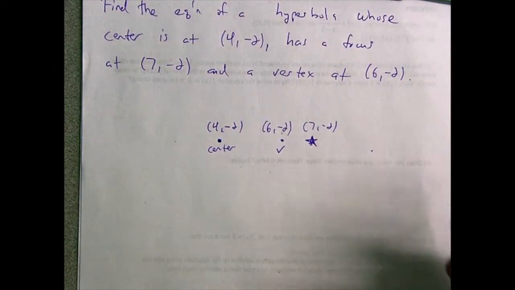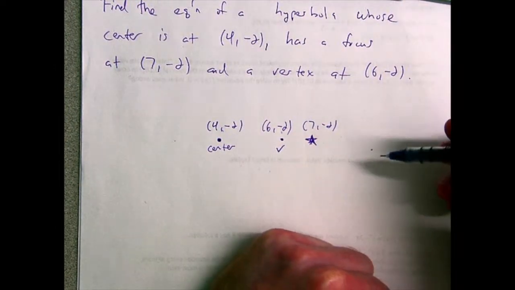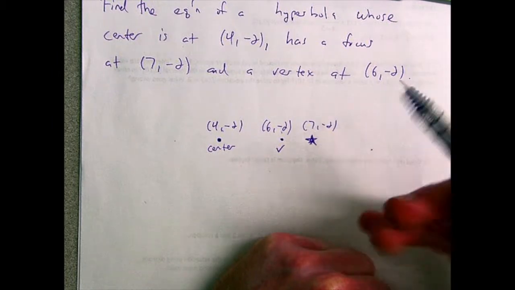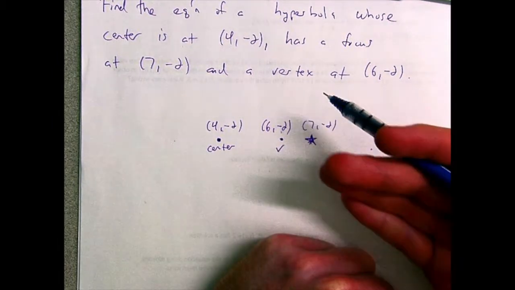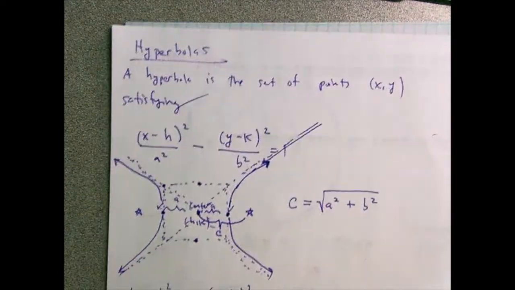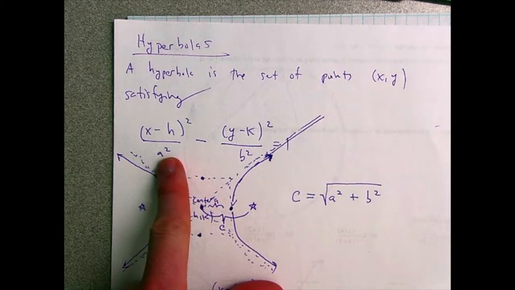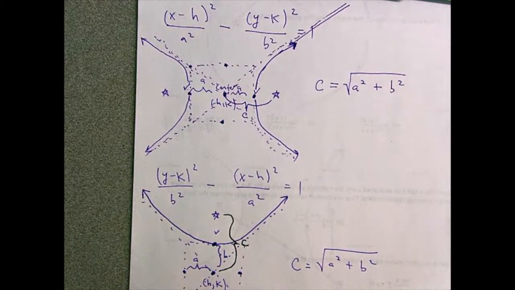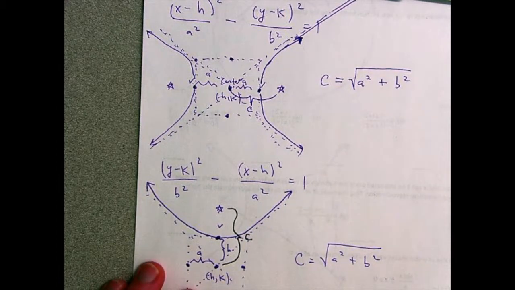Okay, so what can we get from this? First of all, you should decide which form your hyperbola is going to be in. Remember, we have two equations: this one where the x term comes first, and the second one where the y term comes first. Which one is our hyperbola going to satisfy?